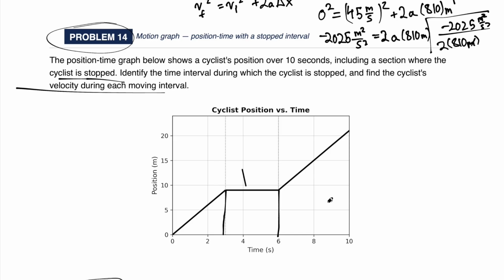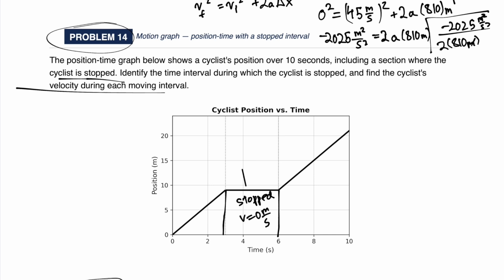He's staying at the same position. And if you use the velocity definition, which is the slope of this segment, you can see how the slope is 0, right? So the velocity is also going to be 0, which means he's not moving here. So the stopped segment is this segment. Here's where he stopped. So this velocity here is 0 meters per second.